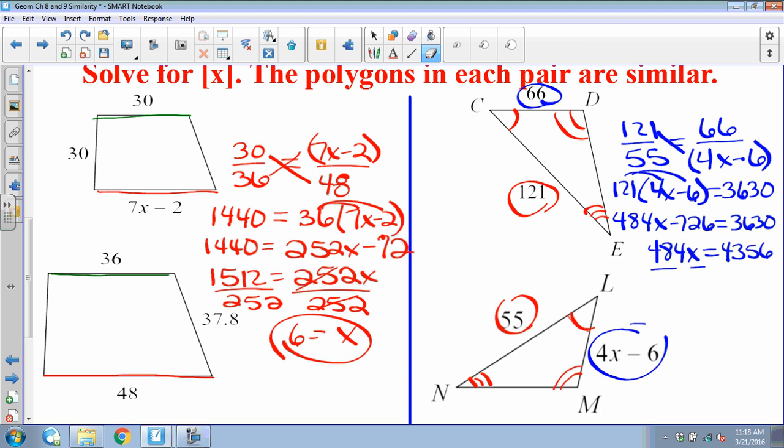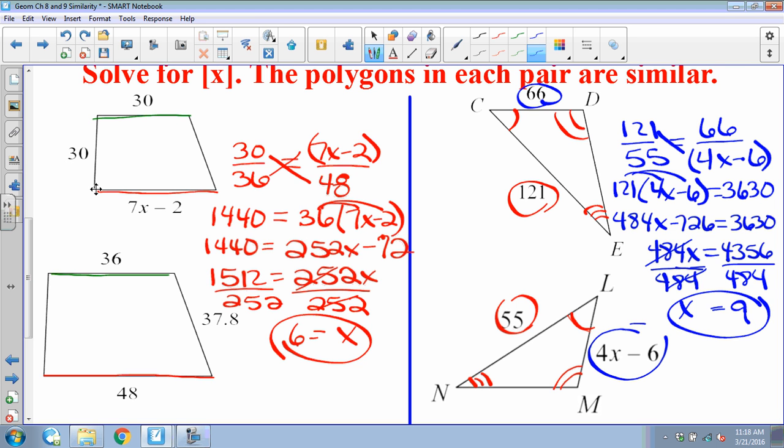That was ugly. And you get x equals 9. How do we do? Good. Y'all set that up correctly? Good. Any questions? Nope, no questions?